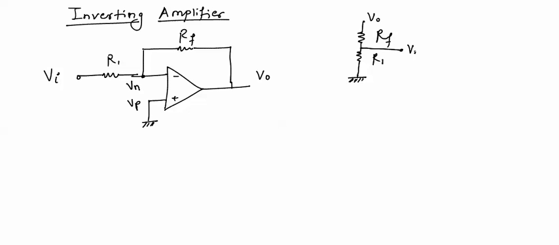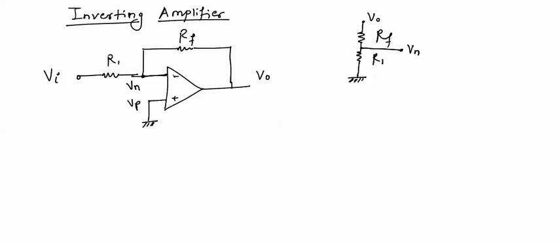Now we can say that with the output, this network is connected, and this network has two resistances, and between these two resistances we have a terminal which is going to the inverting input of op-amp.